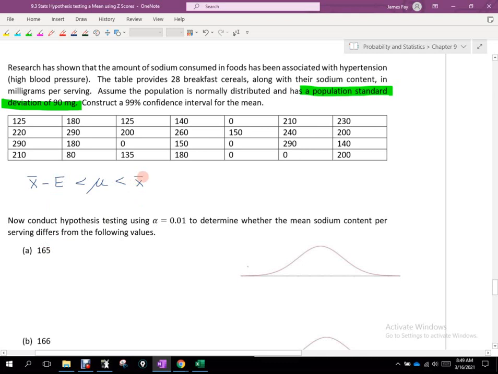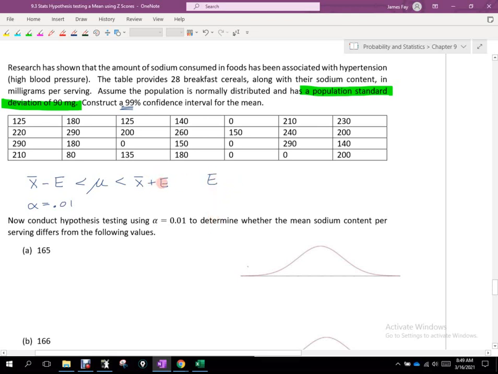Then we'll have our sample mean plus our error. Okay, and this is a 99% confidence interval, so our alpha here would be 0.01, right?